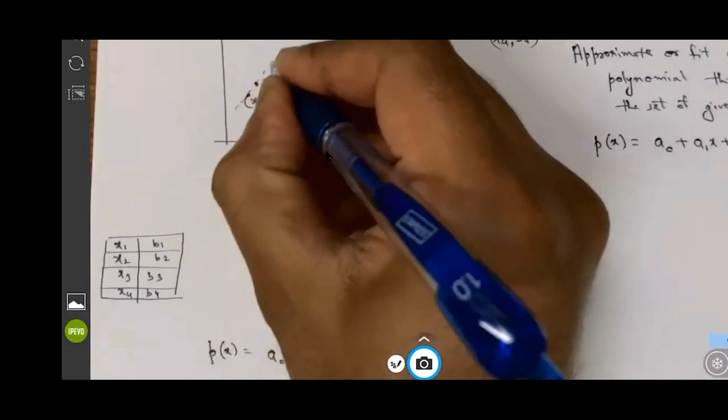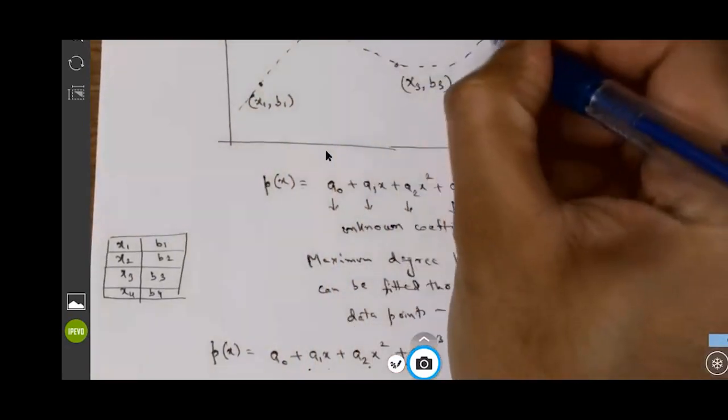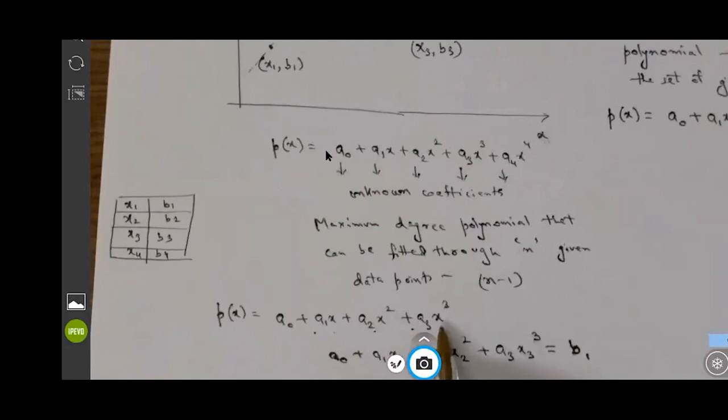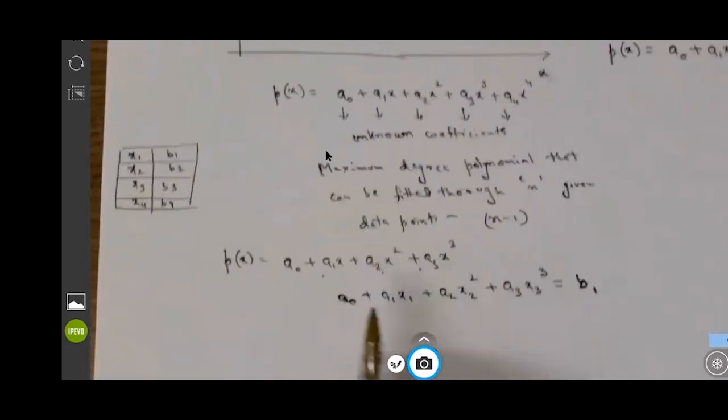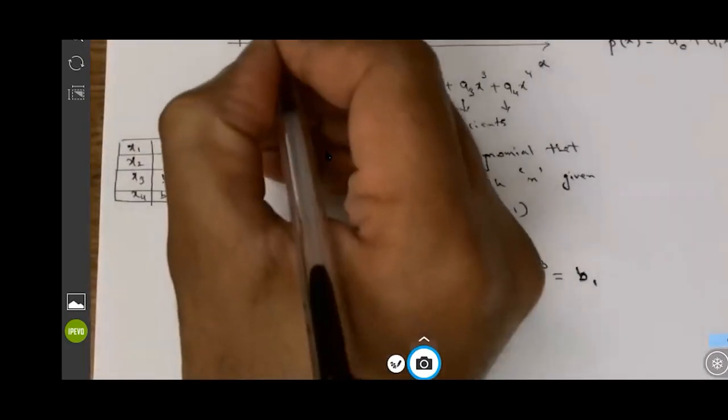Let's say the polynomial looks like this. This is a cubic degree polynomial given by this cubic function. Now these a0, a1, a2, a3 are unknown to us, and we need to determine these coefficients. How can we determine them? We can use this data point. So we can use a0 plus a1, and instead of x, I plug in x1, and I should get b1 because that is what I'm given.